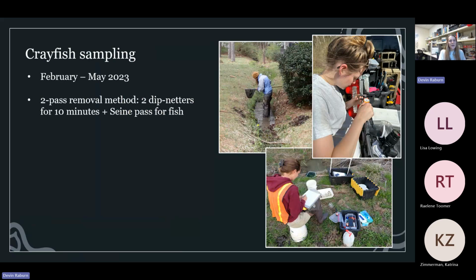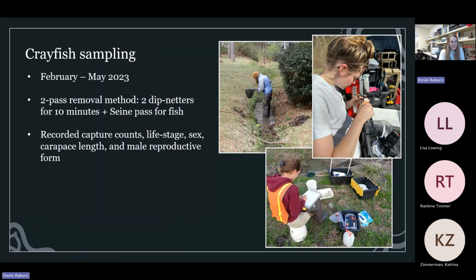Also, one of my thesis questions is focusing on predaceous fishes and if they have an impact on occupancy of rivulet crayfishes. And so for that, we seined for fish after that.